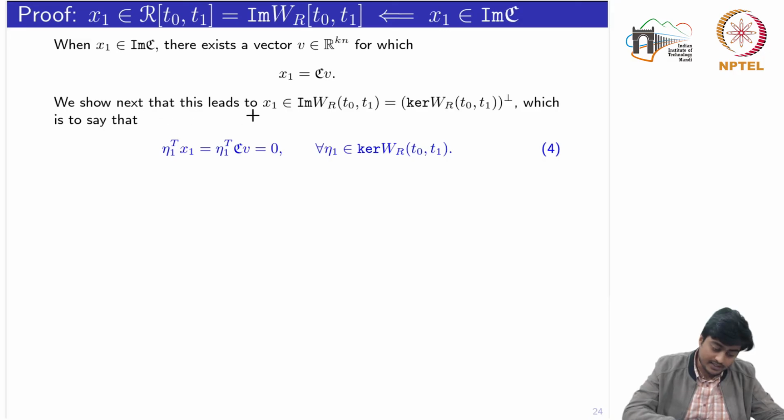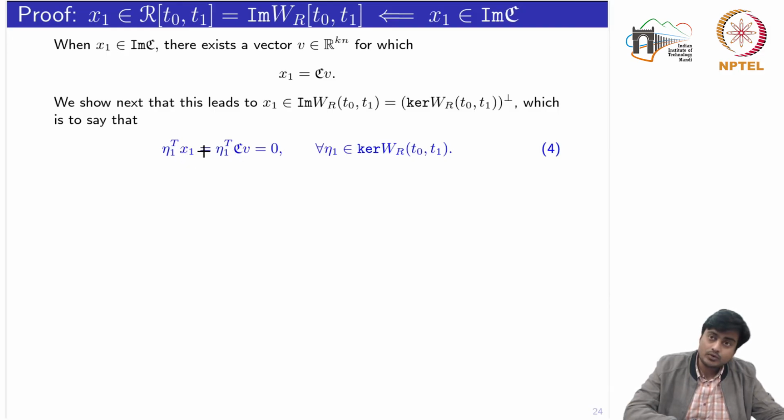Next we show that this leads to x1 belonging to the image of WR, which is equivalent to saying that x1 belongs to the orthogonal complement of the kernel of the reachability Gramian matrix. We know that WR is a symmetric matrix, so I remove this transpose, which is to say that for all eta 1 belonging to this kernel, eta 1 transpose times x1 is equal to 0, right?